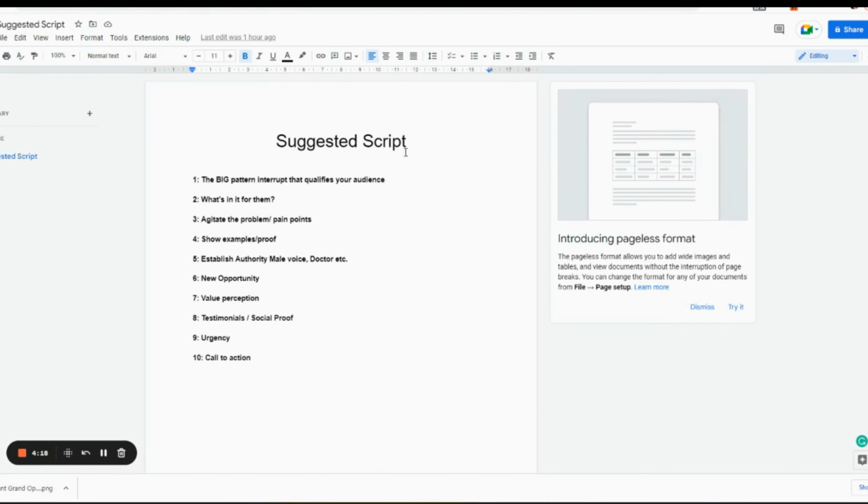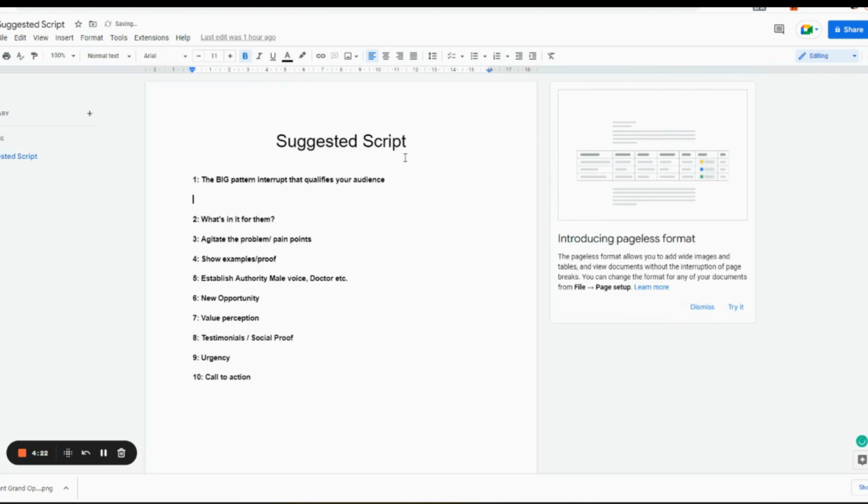So you need the big pattern interrupt for the first scene. Let's say for the hair loss one, I'd need to call out my audience. So I'd say, are you a man suffering from hair loss at an early age? Something like that.